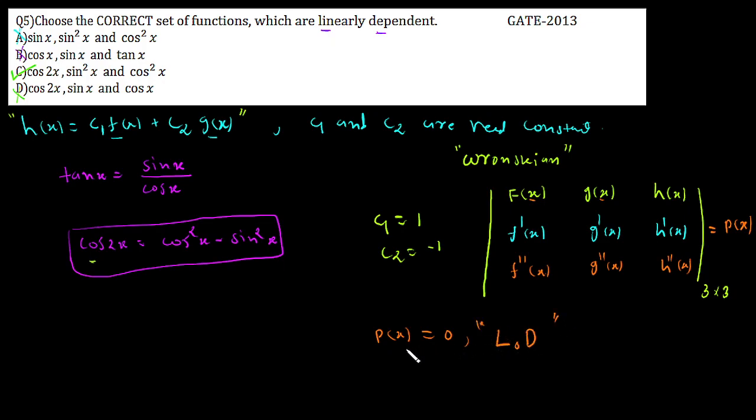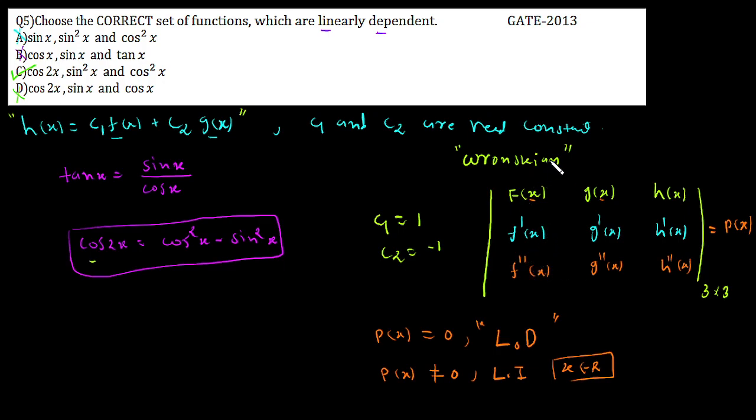The second condition is that if p of x is not equal to 0 for any value of x, then we can say these three functions are linearly independent for x belonging to the real numbers. So according to the value of p of x, after finding the determinant of this Wronskian matrix, we can say about the dependency of the functions. If the Wronskian is 0, the functions are linearly dependent. If the Wronskian is non-zero, the functions are linearly independent.